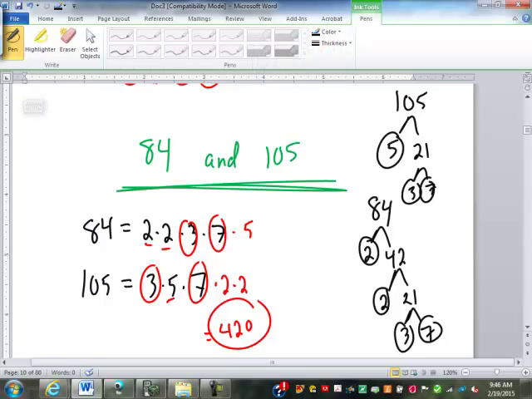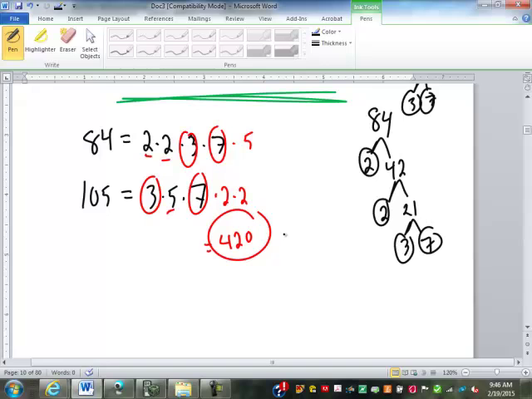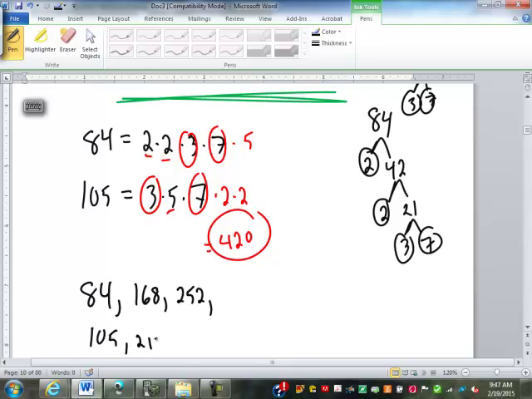Why don't you just, because that other way just gives me a headache, why don't you just keep taking the list? 105 times 1, times 2, whatever, and then divide it until it divides out evenly. You can do that, but it takes a lot of calculator work. Well, that's better. You can just sit there: 84, 168, 252, or 105, 210, 315, 420.